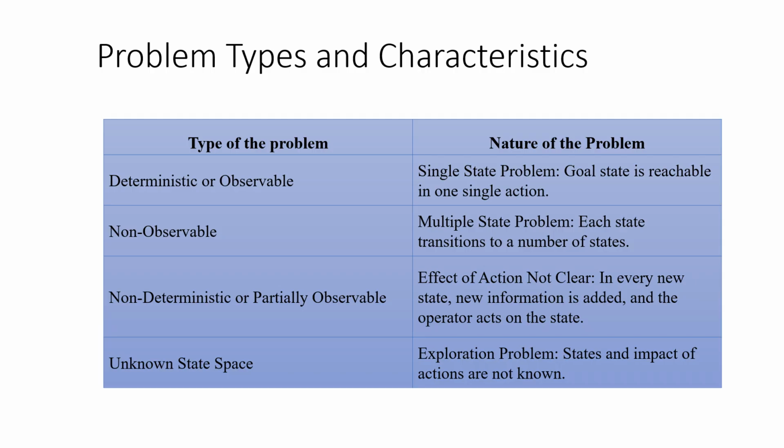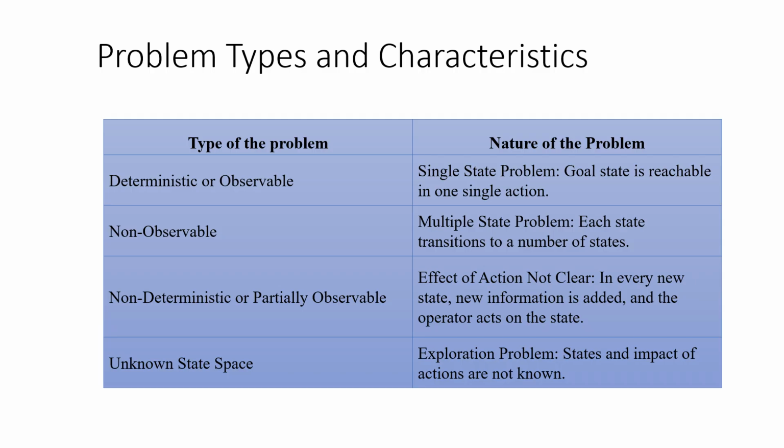The next one is non-deterministic or partially observable. This looks like a non-observable problem, but the effect of the action is not clear. With every new state, new information is added. Each and every single state simultaneously adds new information. So we have to observe and define it with the domain knowledge, and then we can proceed to our final outcome.